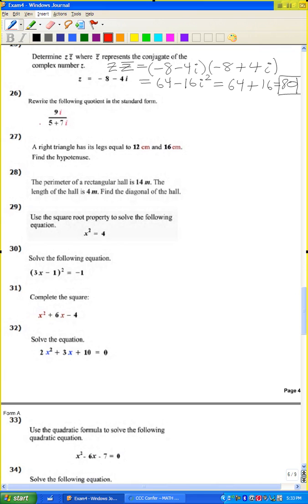Rewrite. Let me multiply and divide by 5 minus 7i, the conjugate of the denominator, in order to get rid of the i in the denominator. And so you get 45i minus 63i squared over 25 minus 49i squared. i squared is negative 1, so minus 63i squared becomes a positive 63.